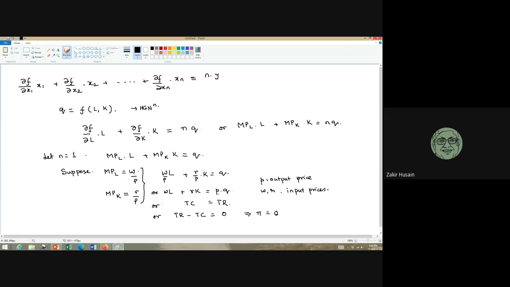So if the producer has a technology which results in a linearly homogeneous production function, and workers are paid according to their marginal productivity, the entire product is exhausted in meeting the bill of labor and capital, as a result of which profit is equal to 0. Okay, this is called the product exhaustion theorem.